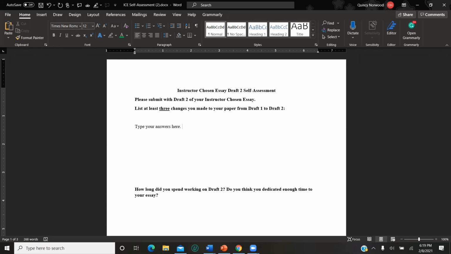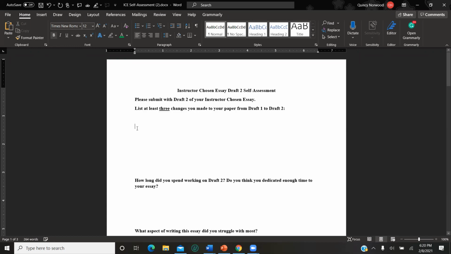What change did you make with your paper? Okay, maybe you added some material, maybe you took some material out that didn't belong there. You know, maybe you organized it differently. Maybe you arranged your paragraphs differently. So you want to list at least 3 changes you made from draft number 1 to draft number 2.